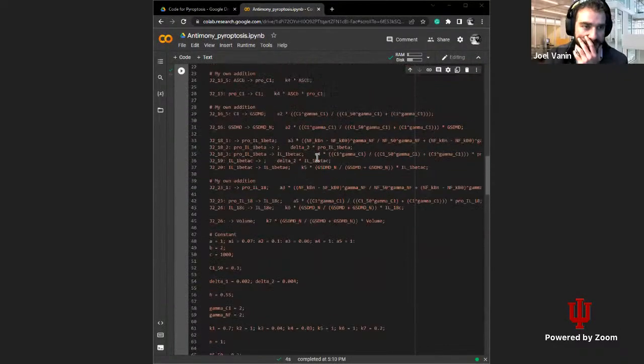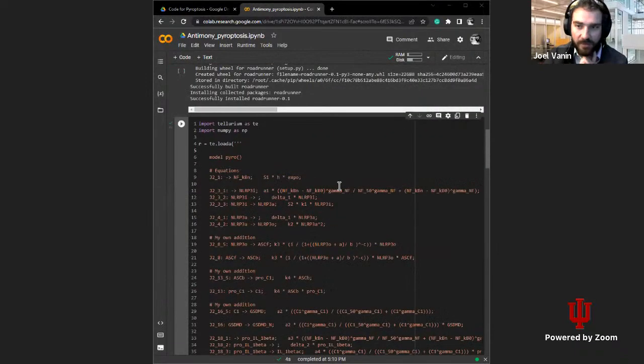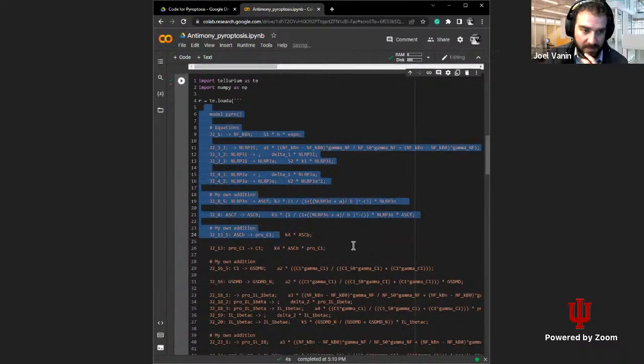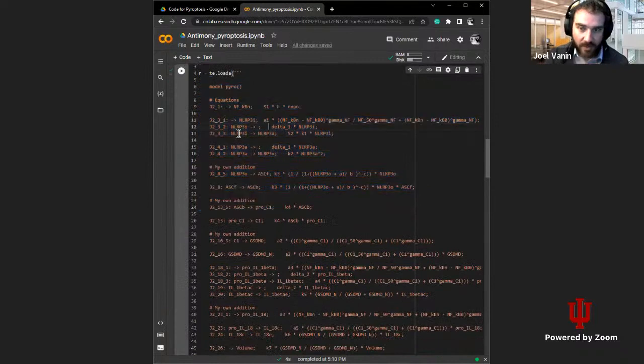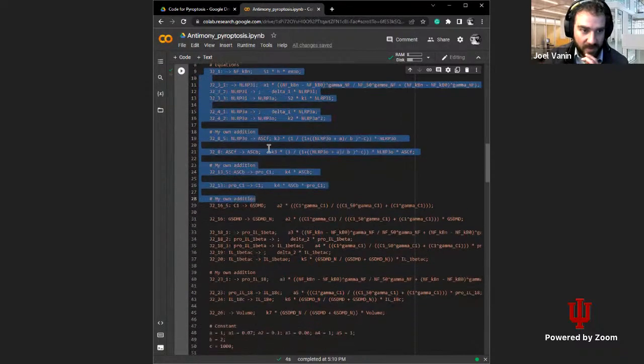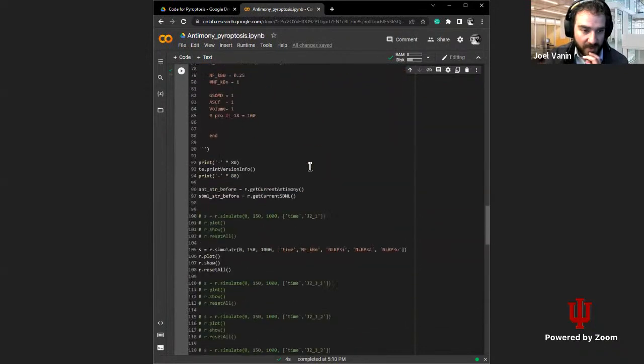So here's the equations. I don't know if it's productive to show for everyone the parts of the equations, but basically the Antimony, I think we're going over this sometime, if not in this course, in another course with Dr. Glazier. This is basically the functions for the equations for everything that is running on this model.